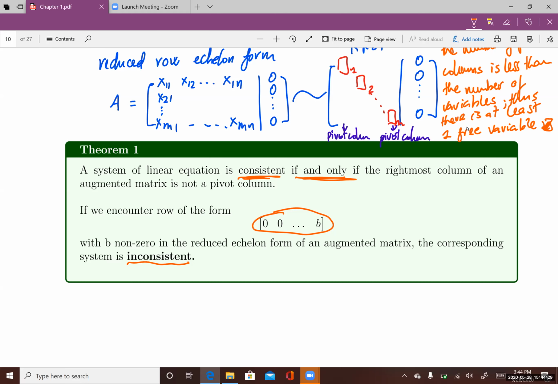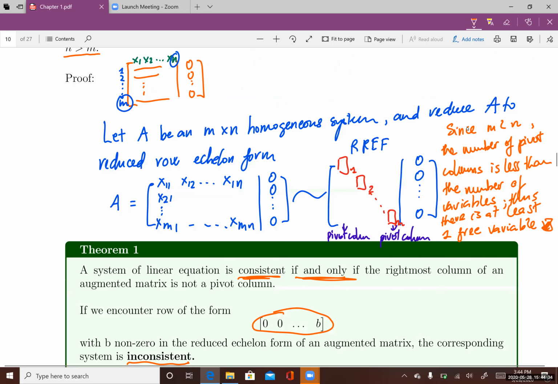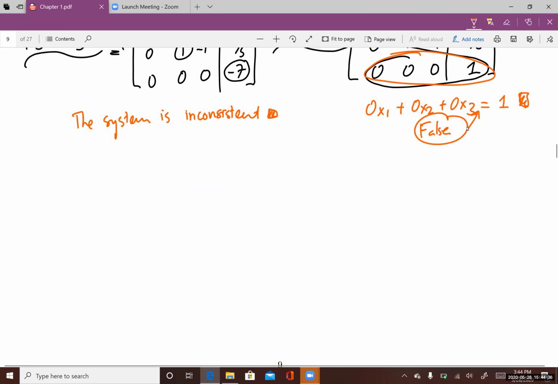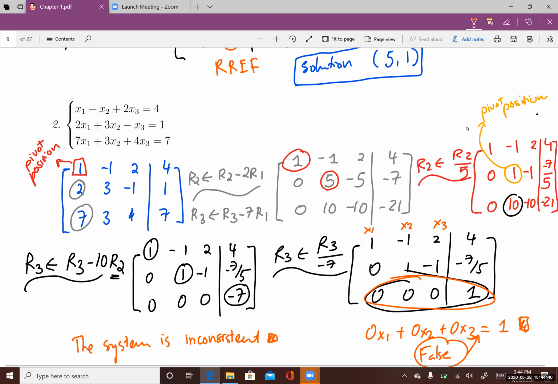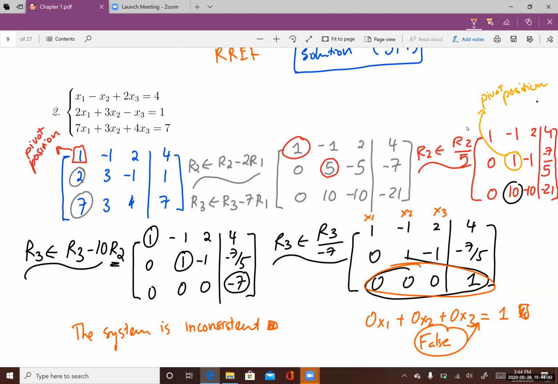So we can refer to this example here, right? We showed that this system is inconsistent because when we try to reduce this augmented matrix to the reduced row echelon form, we encounter a row in this form.